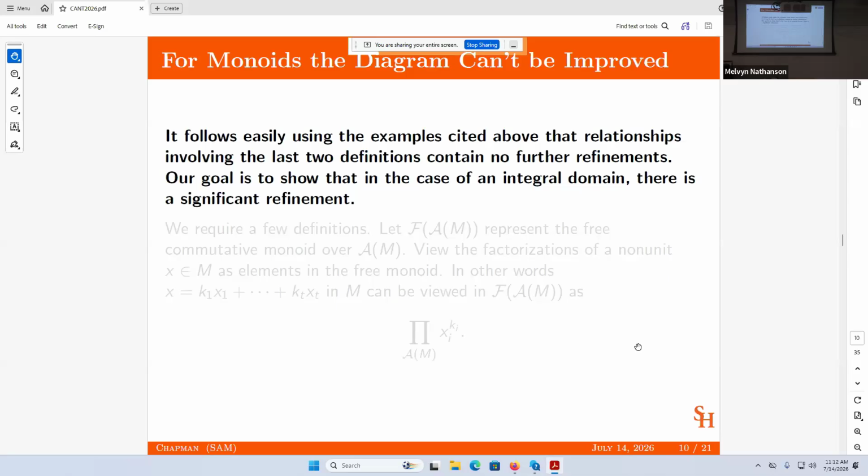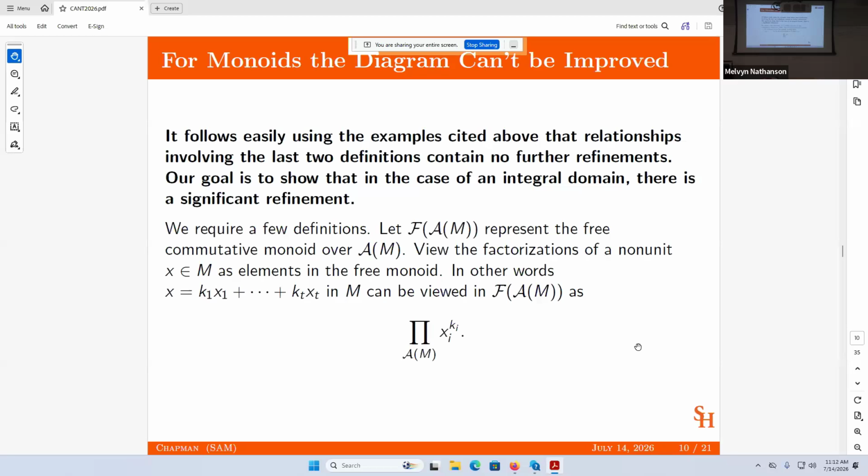Now, there's a little bit more notation that I have to use here. Alfred did a little bit of this yesterday. You can write factorizations in these things out many different ways. I'm going to do it in the free monoid on the atoms using that product symbol down there.